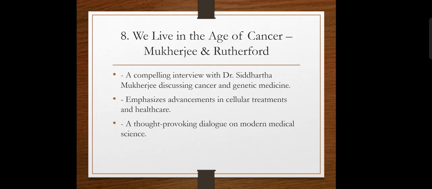So he reflects on his books The Emperor of All Maladies, The Gene, and The Song of the Cell, in which he highlights how understanding genetics and cell biology can revolutionize the treatment of cancer.